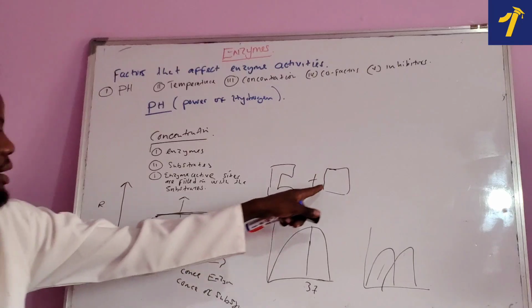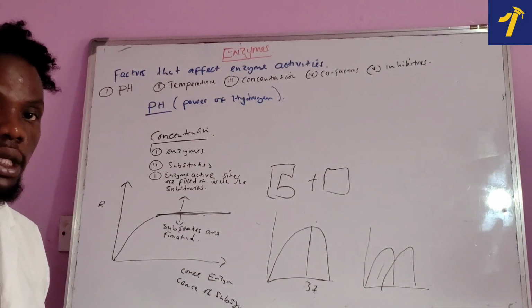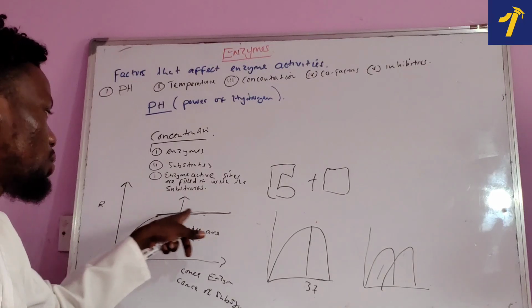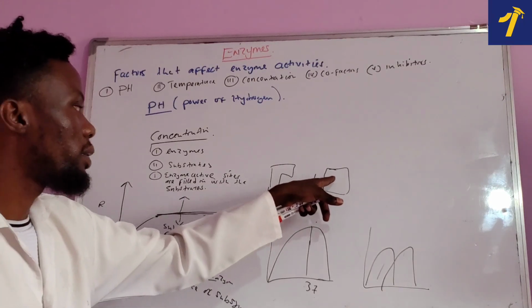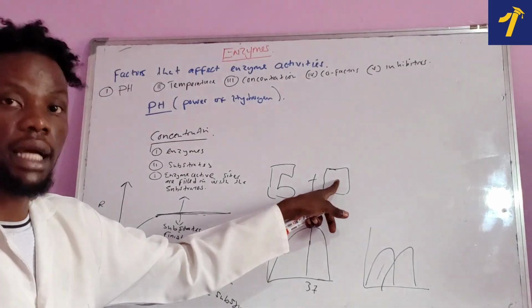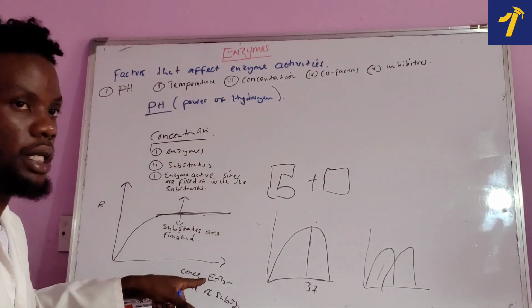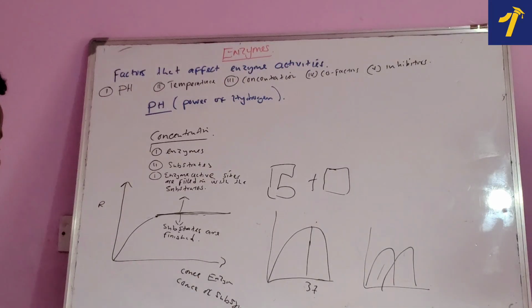Meaning that these substrates have been digested by the enzymes that we're talking about. That's why the graph is going to remain constant, because the substrates that are here are now digested by different enzymes. They are done. That's why this graph doesn't have to go up or down. Now that's about the concentration.